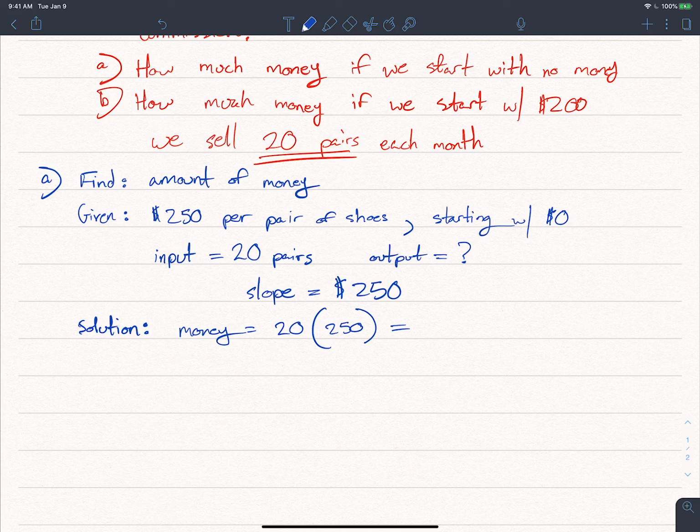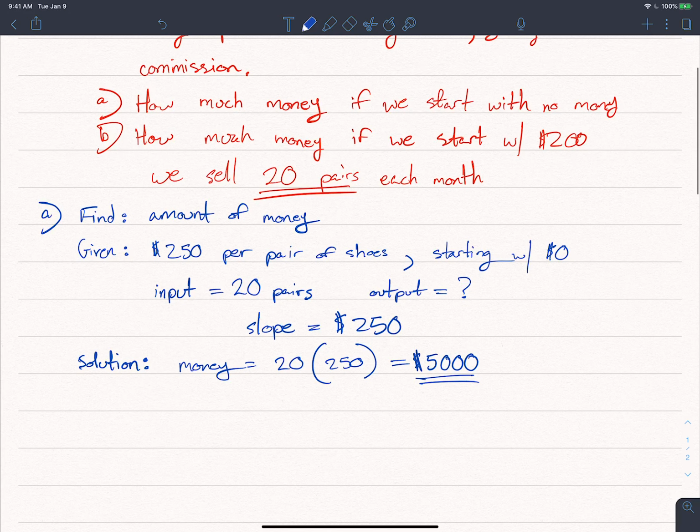So what's 20 times 250? 20 times 250 is 5,000. So in that month, we'll make $5,000 in commission. Do that in your calculator if you couldn't do it in your head. That was relatively simple. There was nothing to add because we didn't start with anything.